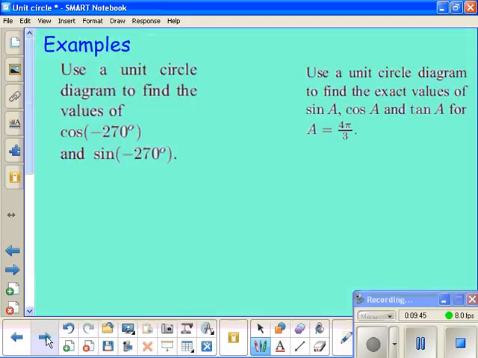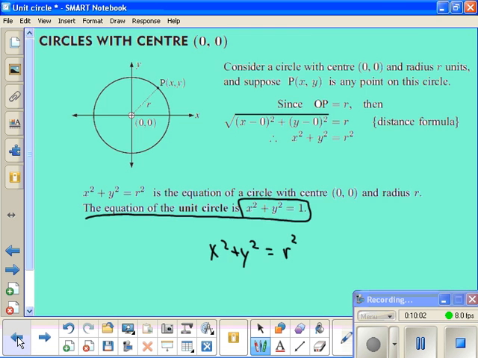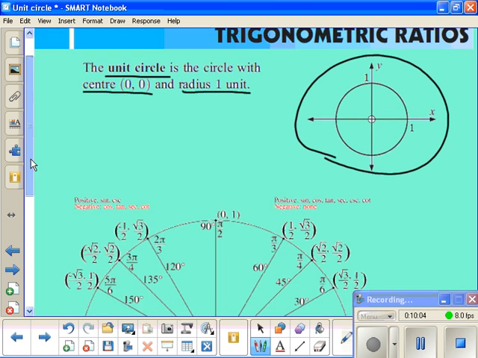All right, continuing. We got a couple examples here. Use a unit circle diagram to find the values for cosine of negative 270. Well, remember, negative 270 is the same as 90. I'm going to refer back to the diagram, but remember, we're not going to have the diagram on everything.